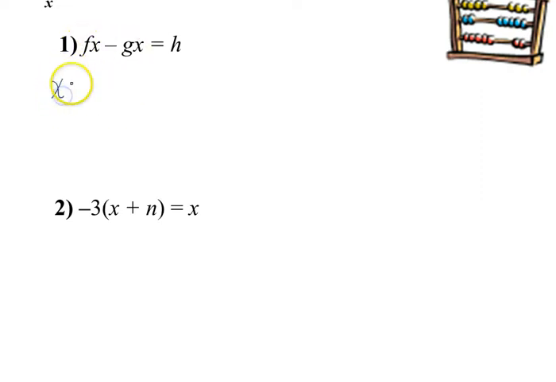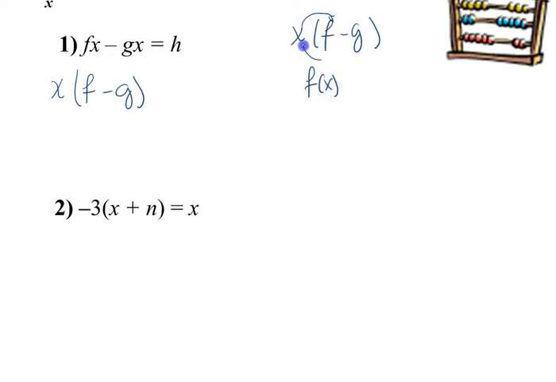So we'll end up with x times f minus g. Again, x times f minus g. If we redistribute the x, we'll get f times x, and then redistributing, we'll get minus g times x. So this is what this was.